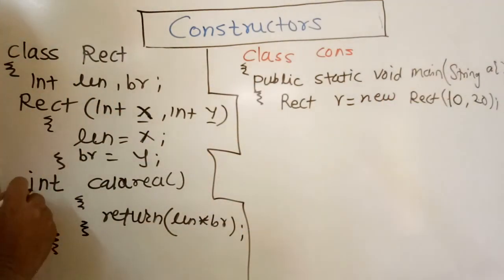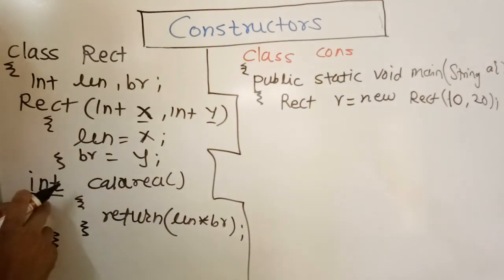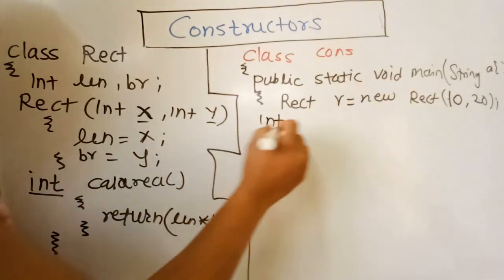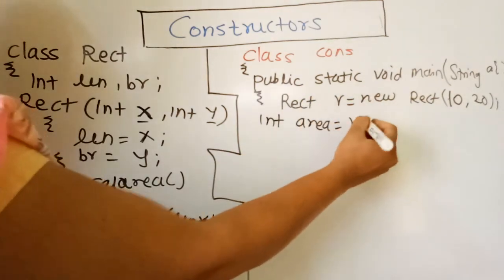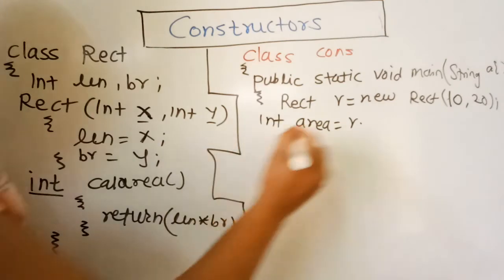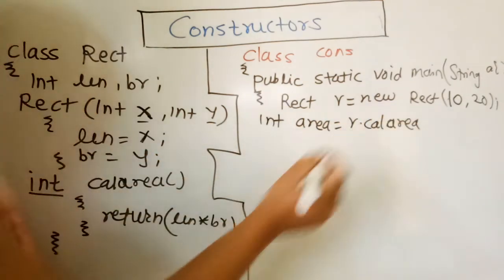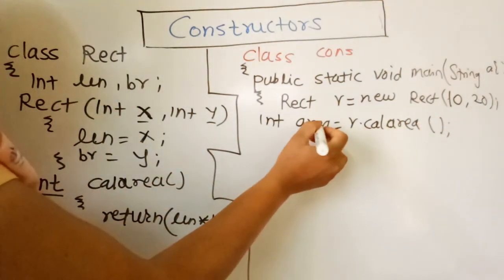Now, here you are accepting the return type of the method. So you have to again create one variable of integer type, for example, area equals to. You have to call r.calculateArea(), opening closing. Here the area calculated is collected in this.